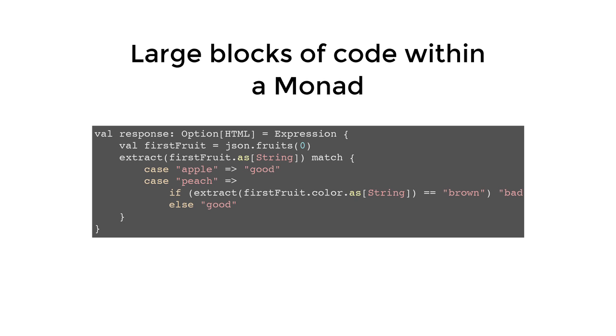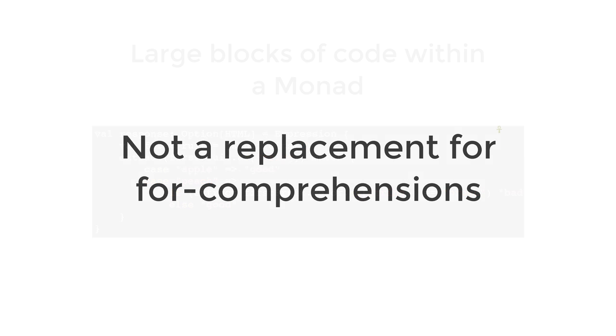When you do as string, depending on your mode, it returns an option because maybe the fruits in the JSON was not a thing. So all these are options. And we just deal with them as if they weren't options, and the whole thing is going to return an option, and you don't need to think about it too much. But it's not a full-blown replacement for comprehensions.